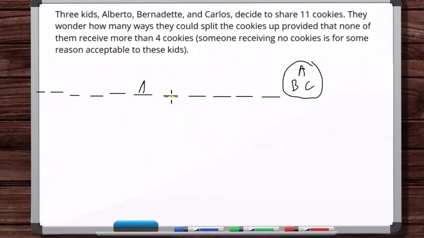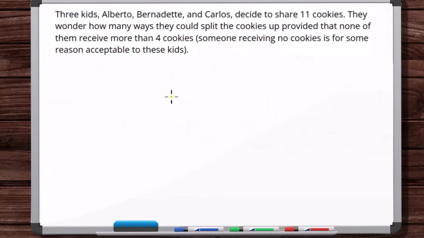It doesn't matter. Okay, so in that case, we're choosing from 3, and we're choosing 11. But combinations with repetition, so 11 plus 3 is 14, minus 1 is 13. Choose 11.